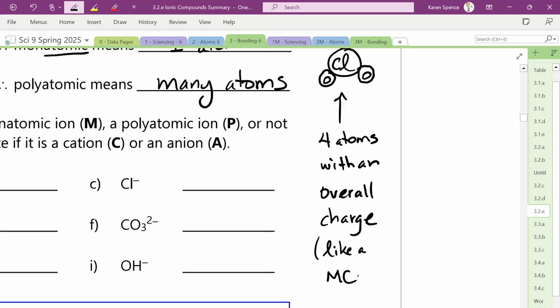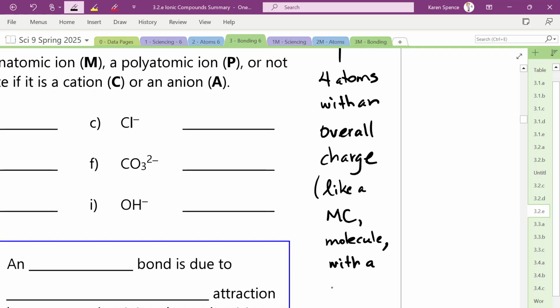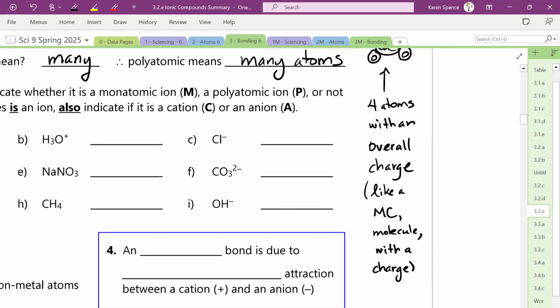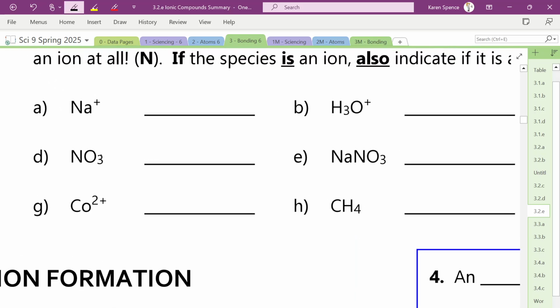What does M C stand for? Molecule. Okay, so what you're going to do is remembering that every element starts with a capital letter, and the little numbers down below tell you how many.